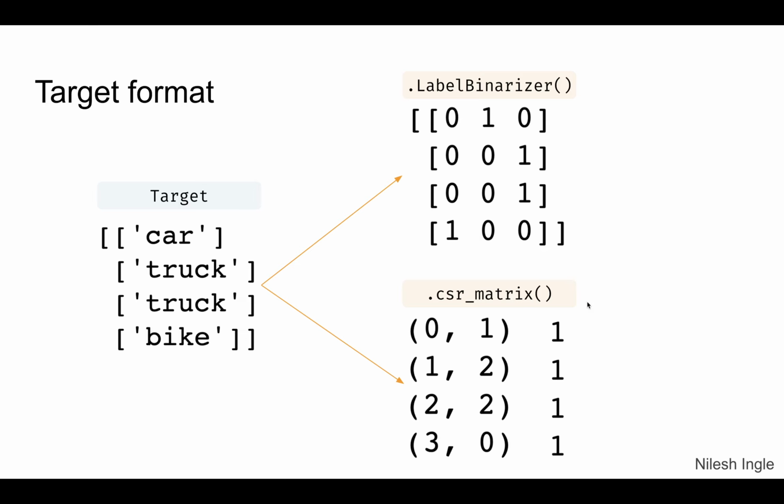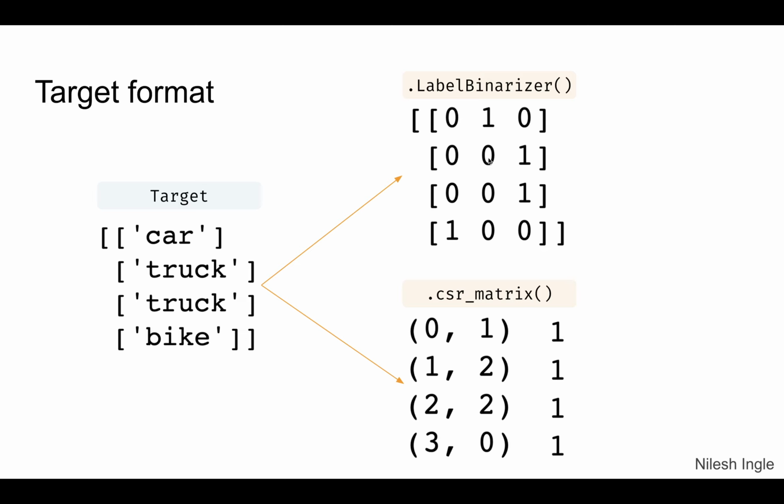In the CSR matrix format, shown here below, this can be represented in this form where, in parentheses, these are just the indices of the locations in the matrix above where the values are not zero. That is to say, the values are 1. So row 0 column 1 we have 1.